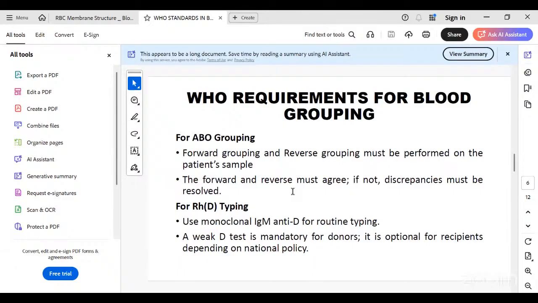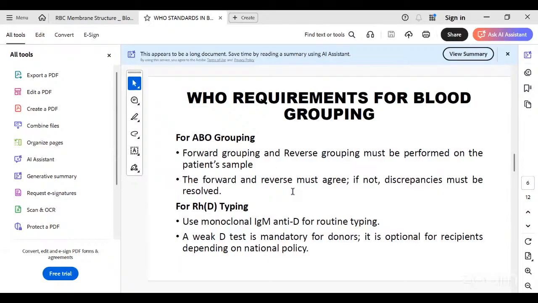What are the requirements that WHO expects us to meet for ABO grouping? Most of us will do only forward grouping, but that is not what is expected of us. Both forward and reverse grouping must be performed at all times on patients.